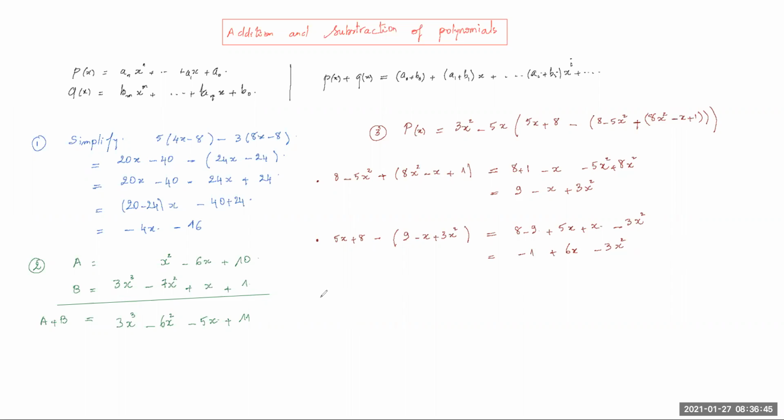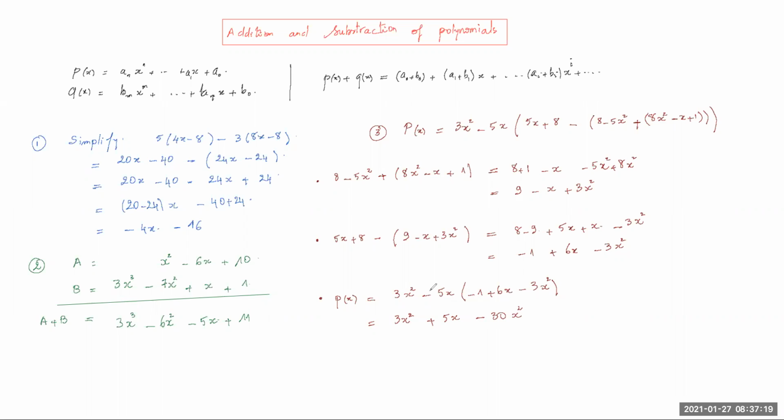Now I can go back to p of x and say it's (3x^2 minus 5x) times the whole expression, which is reduced to this one, minus 1 plus 6x minus 3x^2, and develop and simplify. So I will have 3x^2 times minus 1, minus 3x^2, plus 5x, then minus 5 times 6, it's 30, x times x, I will have a power 2.